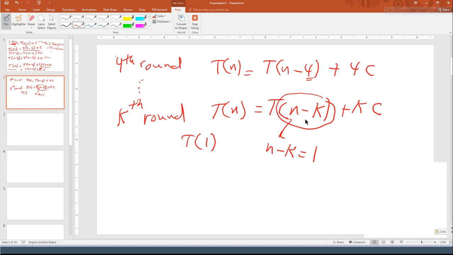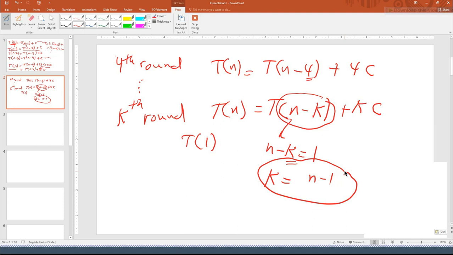So n minus k equal 1, which means what I care about is the k. So k equal n minus 1. So this is the value of k. Now I managed to find the value of k.